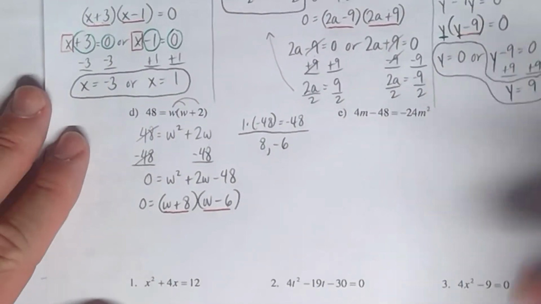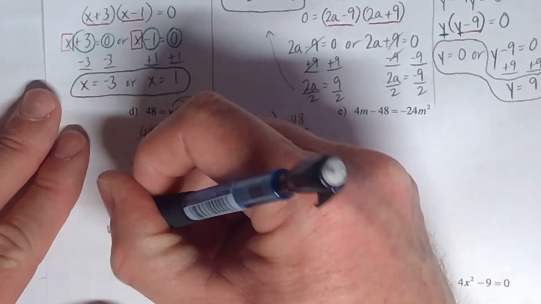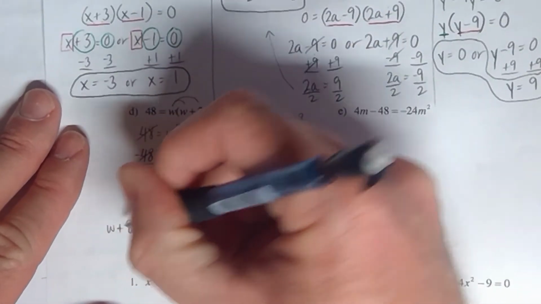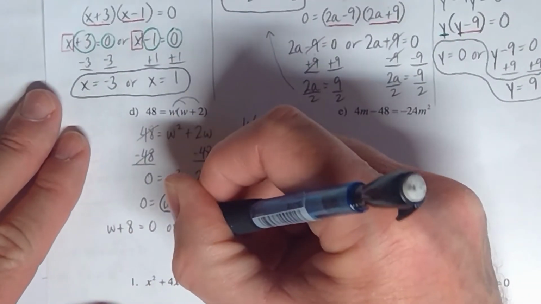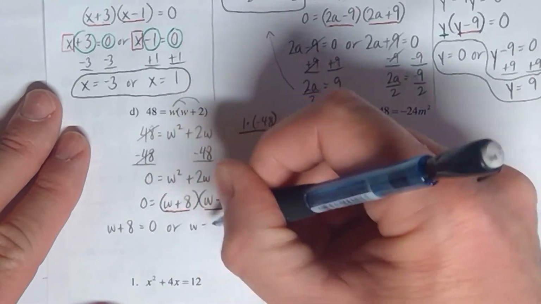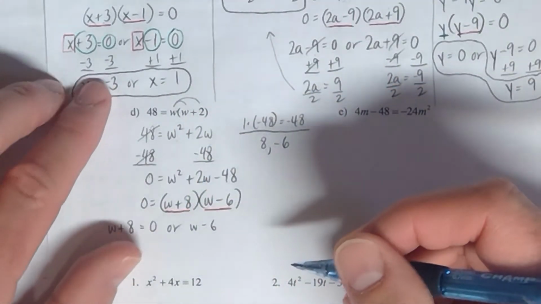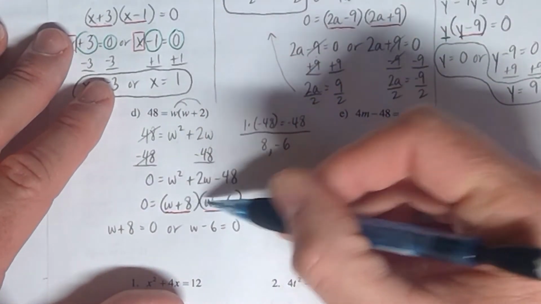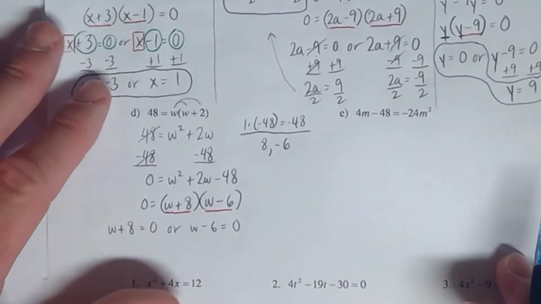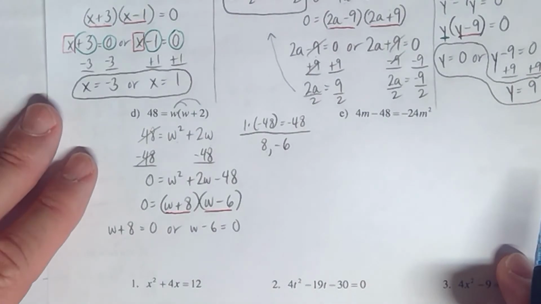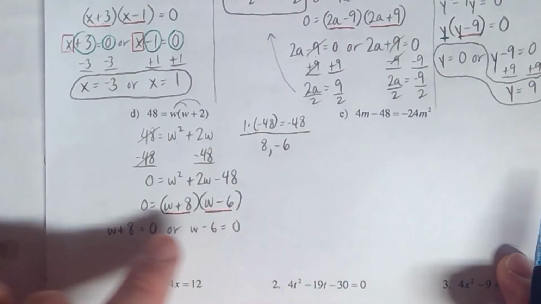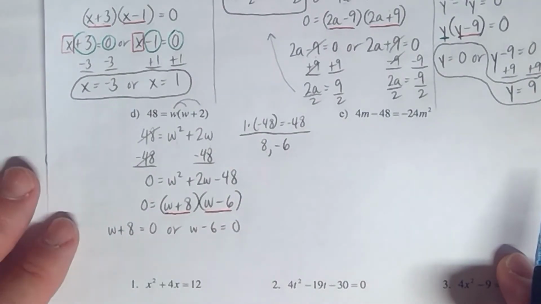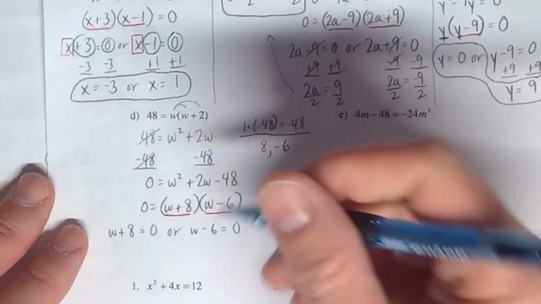And then what do we do after we're done factoring? Because you've just got the two brackets, we saw that in problem A and in problem B. If you've got just the two brackets equal to 0, you set each one of the brackets equal to 0, and then you solve the brand new linear equations that you just created. How do we do that?